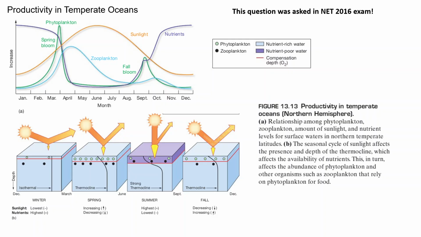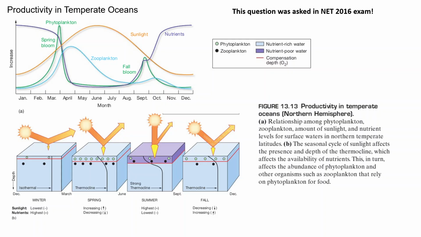So the angle at which the solar energy falls on the surface of the ocean, the same way it gets reflected. So the availability of solar energy is very low. Therefore, during the winter months, the productivity is extremely low, even though the nutrients are higher.